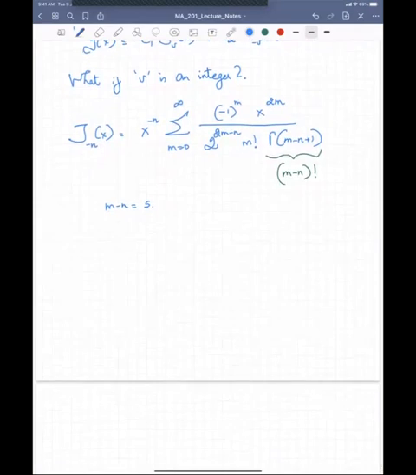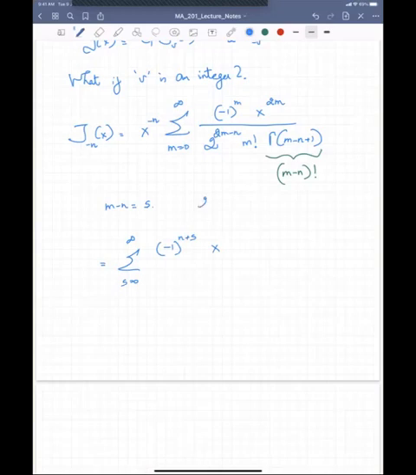So this becomes, now I'm creating m for s, so I'll call this s is equal to 0 to infinity. m becomes n plus s. 2m minus n becomes what? 2m is basically 2s plus 2n.